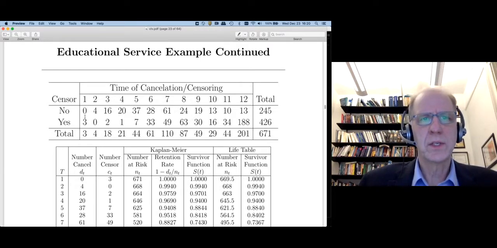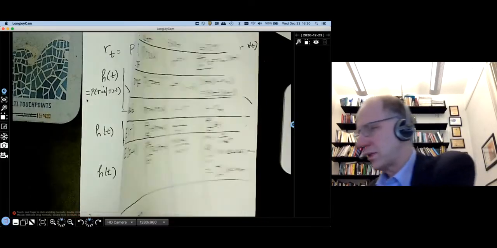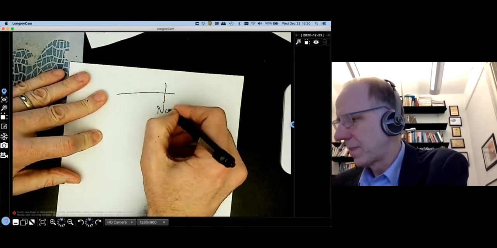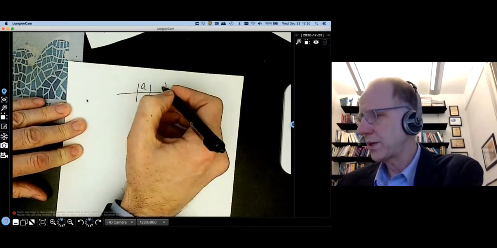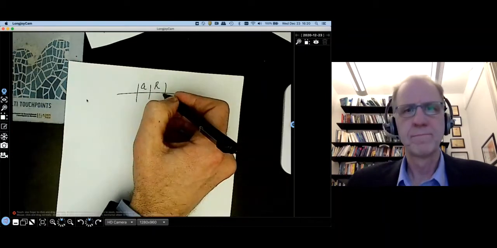What this says is there are 3 customers who were censored in month 1. So what that really means is this: I have 3 customers who were acquired, and they've been retained once.